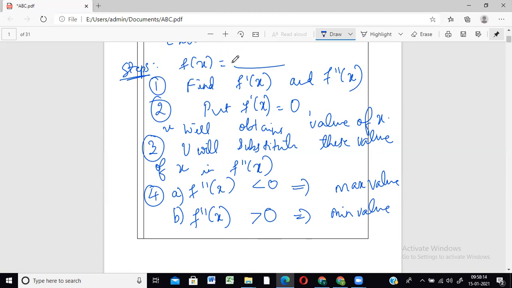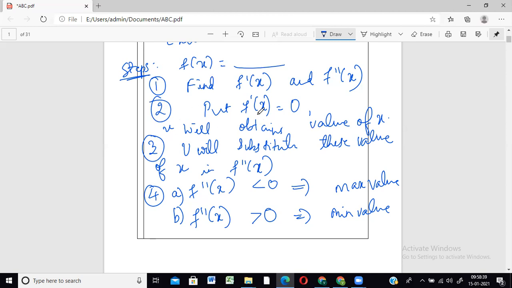They will give you just f of x, and you have to follow all these steps. The very first step is finding f dash x and f double dash x. Then for finding the extreme values, you substitute f dash of x equal to 0. When you do that, you will get the value or values of x, which depends on your equation.